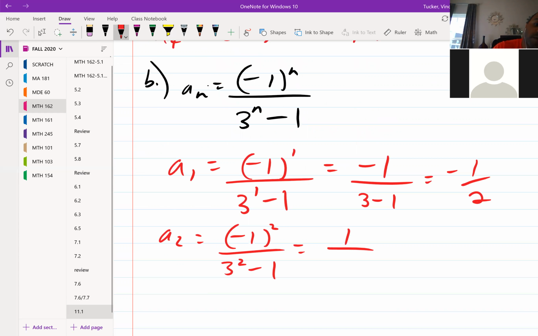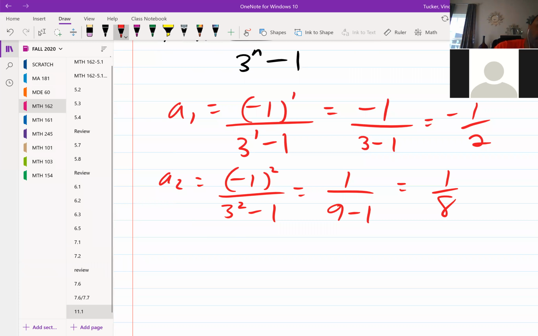So a sub 2 would be a positive 1, negative 1 squared, over 3 squared, that's 9 minus 1, which is 8. So notice in this case, we're going to alternate signs because we're raising that negative 1 to a power. Negative 1 cubed, that's 3 cubed minus 1 on bottom.